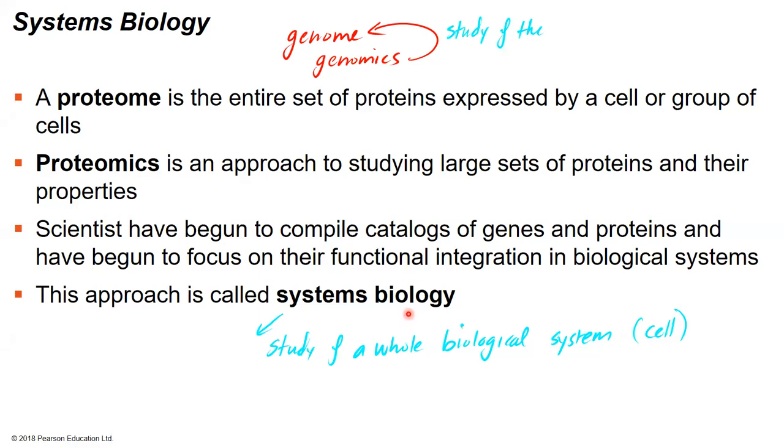In systems biology, we try to understand how a whole biological system, like a cell, behaves by studying the interactions between the different parts of the system.